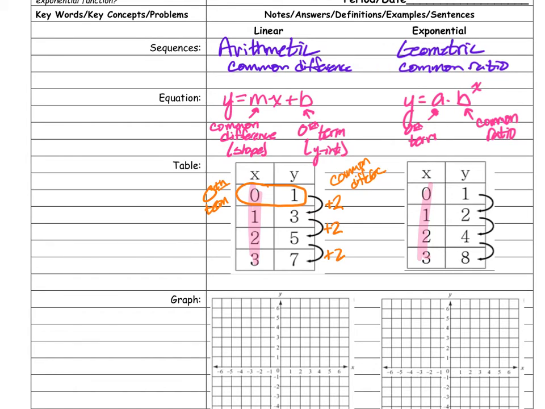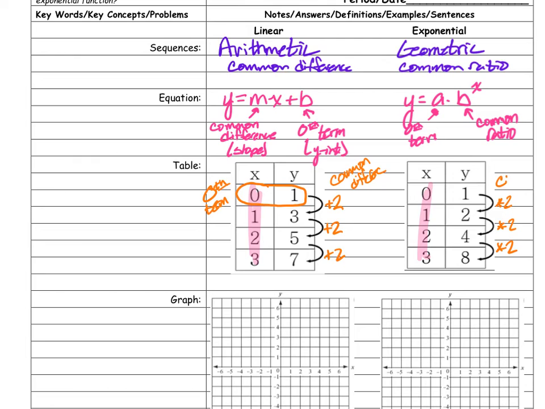And then in my next table, how do I get from 1 to 2 and 2 to 4 and 4 to 8? Well, from 1 to 2, I'm adding 1, but if I add 1 to 2, I don't get 4, so I'm not adding. So how else can I get from 1 to 2? I'm multiplying by 2. Well, 2 times 2 is 4, and 4 times 2 is 8. Yep, so I'm multiplying by 2.